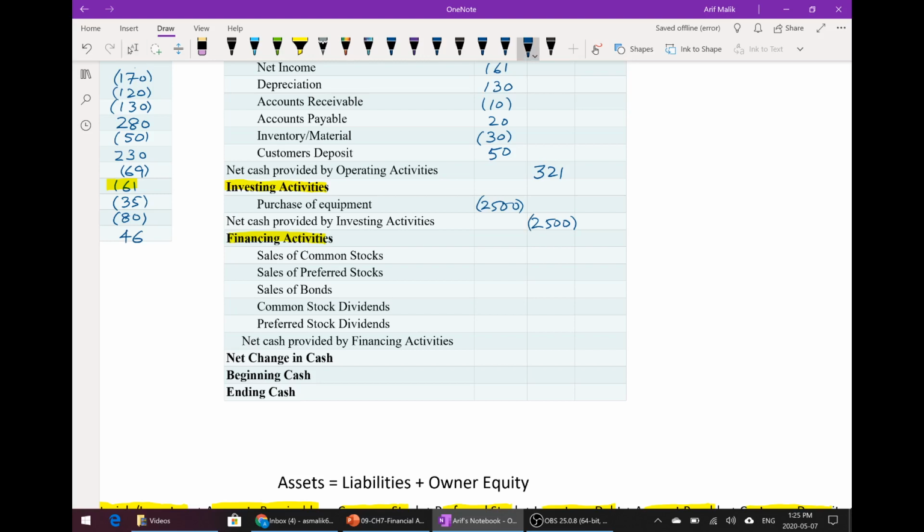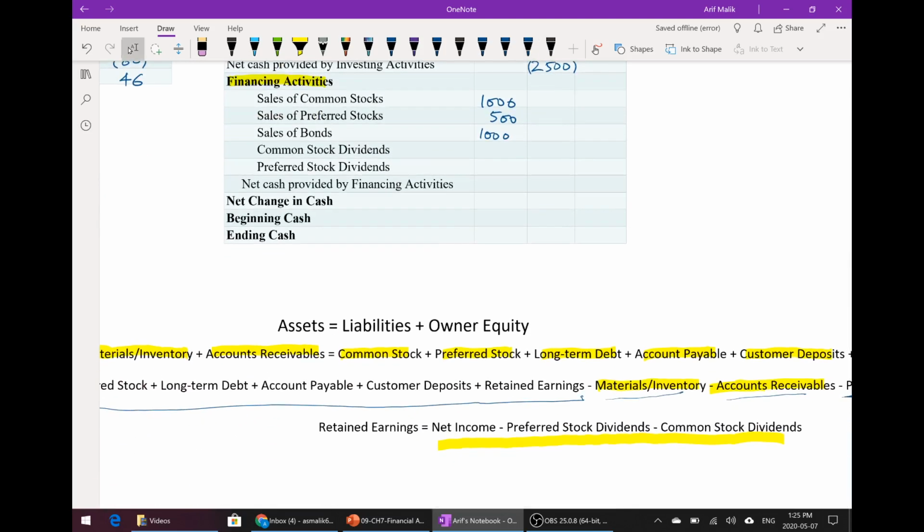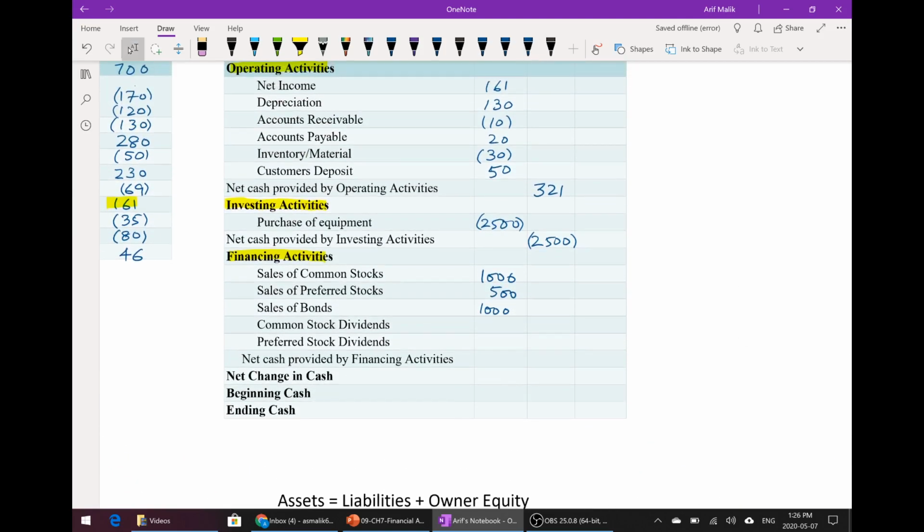Financing activities: we have sales of common stocks, positive. We sold $1,000, or $1 million, and sales of preferred stock is 500, and sales of bonds was 1000. The common stock dividends given were 80, and now we are saying it is negative, because net income minus preferred stock dividends minus common stock dividends is retained earnings. So here we started with net income, 161.